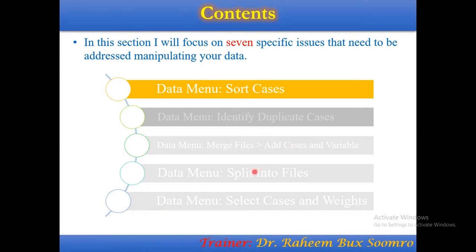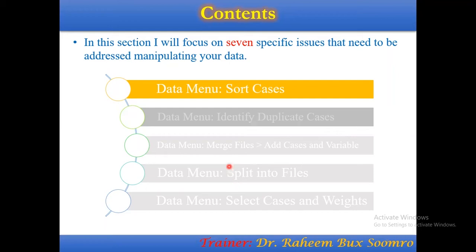Then sometimes we are required to split our file into two or three parts. Sometimes we are required to present our results on the basis of gender, education, marital status, or any other variable. For example, if you want to present your result on the basis of gender, how to present?